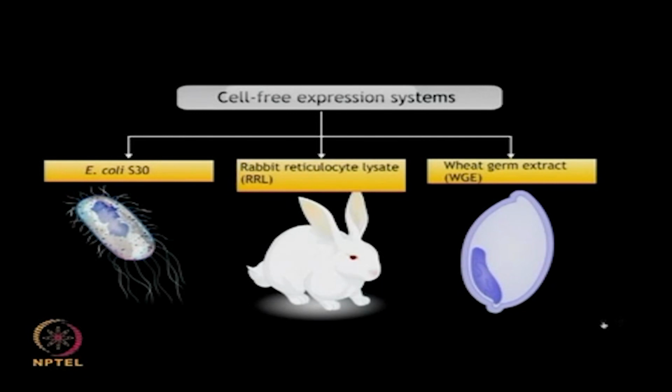Wheat germ extracts or WGE is a cell-free expression system that is capable of producing full-length proteins with correct folding and PTMs from plant sources. Yields obtained in this system are, however, slightly lower than the E. coli and RRL based cell-free expression systems.